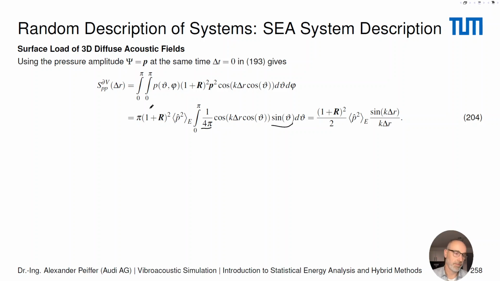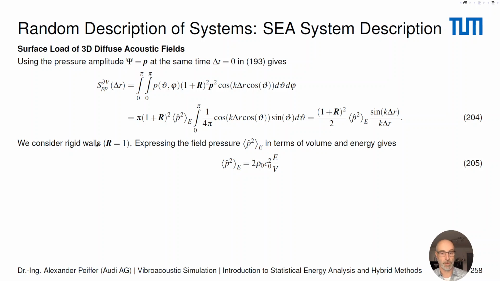And obviously, the azimuthal angle can be taken out. This is why we just find the pi here. The remaining integral can be solved quite easily, and the result is the sinc function, which is the well-known cross-correlation function for diffuse sound fields, for three-dimensional diffuse sound fields.